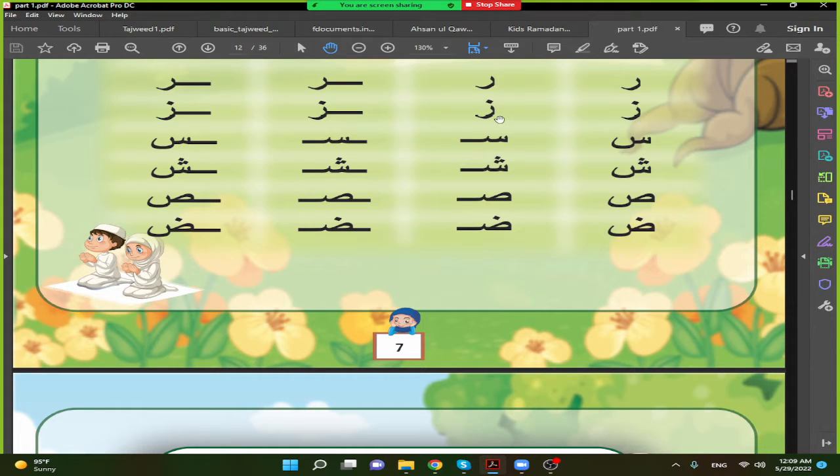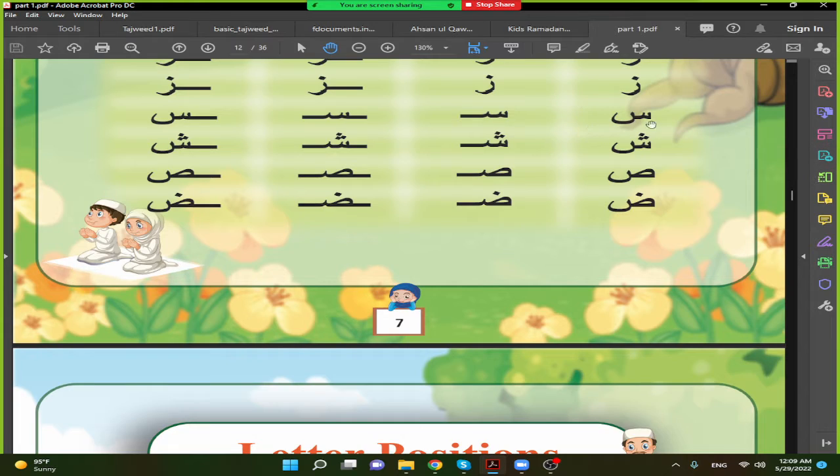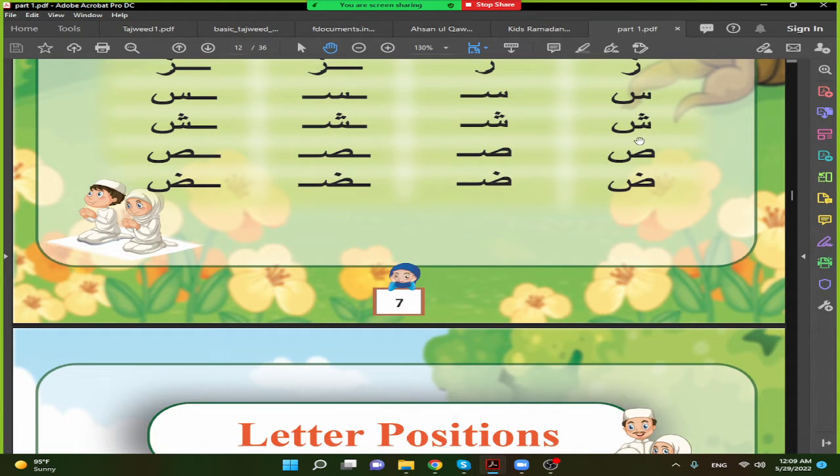This one. Zai. Seen. Seen. Sheen. Sheen.